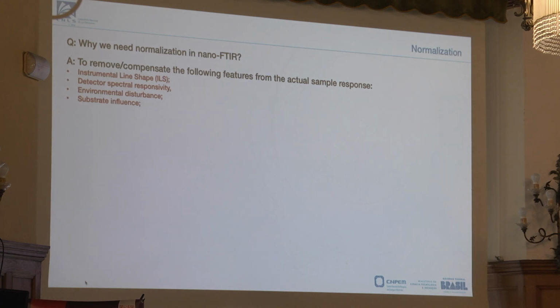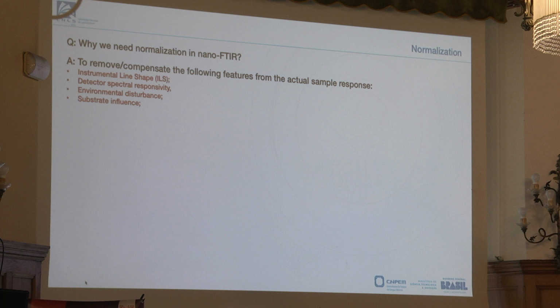All right, so now moving to normalization. So this is why we need that, right? That's the question. We need to remove or to compensate many things in this experiment. As I showed you before, instrumental line shape is one thing that is related to this apodization function.